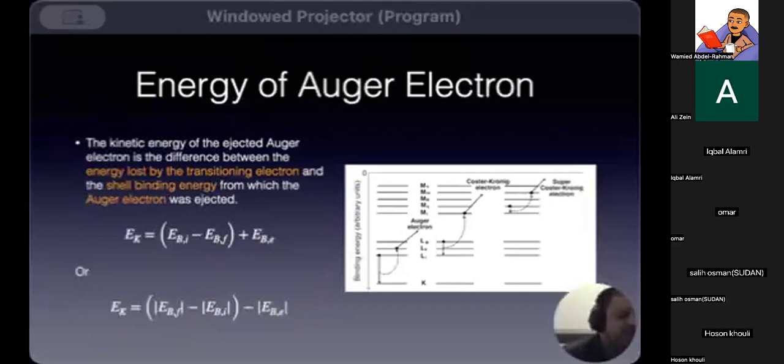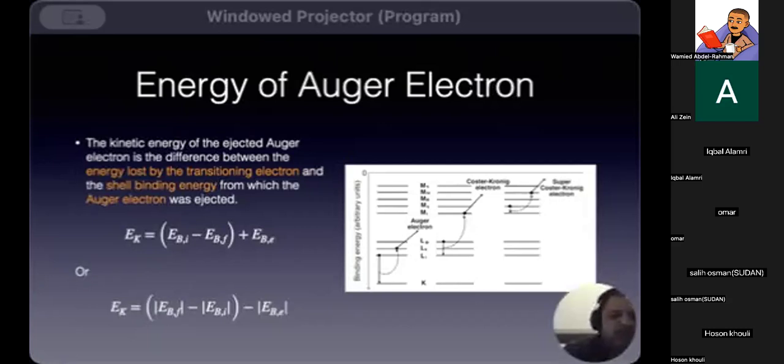And when it is ejected from the atom, it will have a kinetic energy that is equal to the energy that it received from the original transition minus whatever energy it had to use to overcome the binding energy.